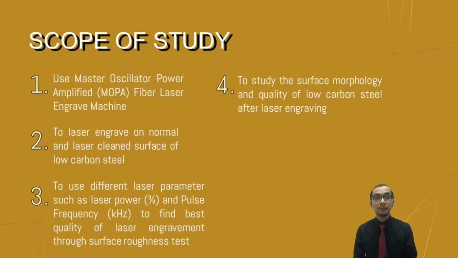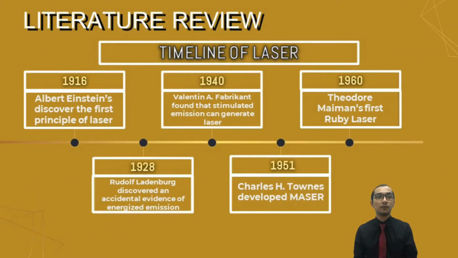In this experiment, I only use the same laser speed, which is 1000 mm per second, as a constant for every engraved box. Then the next one is to study the microscopic structure of low carbon steel after laser engraving using a Nikon Eclipse LV400 microscope.